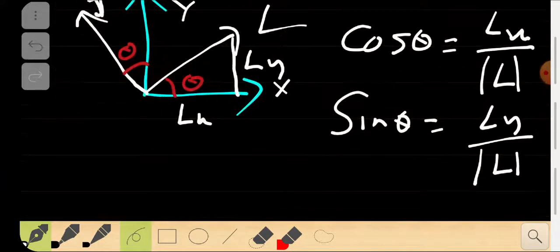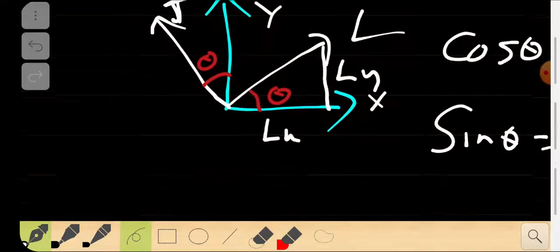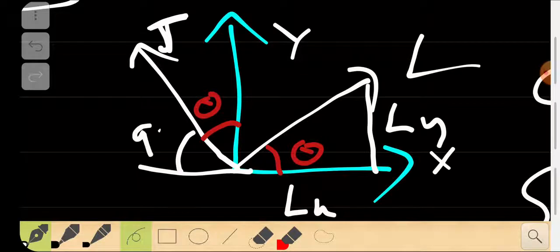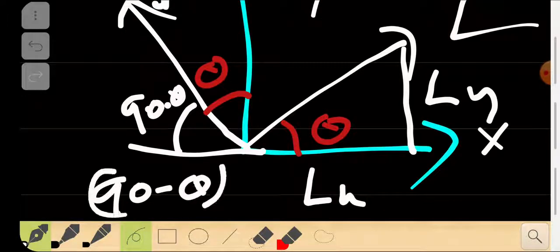What about j? Now j, if you look closely, you can see that in the coordinate system, this angle will be 90 minus theta, right? 90 minus theta. Okay, that's the angle right there.